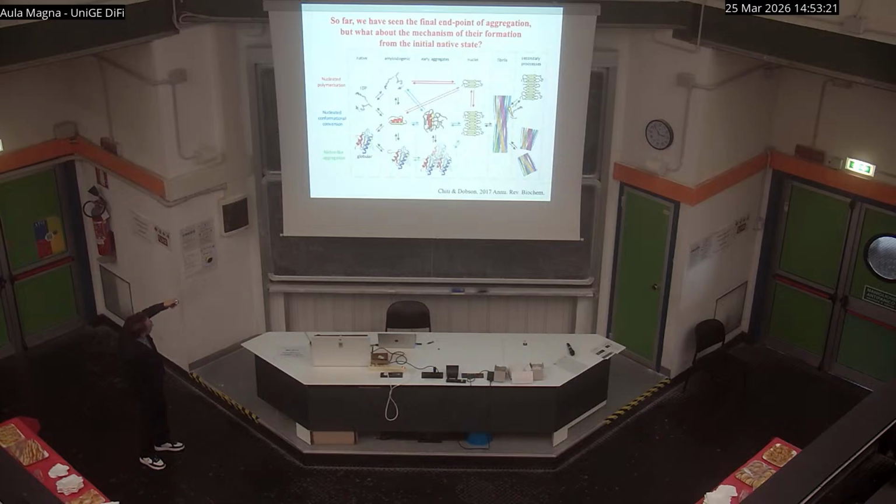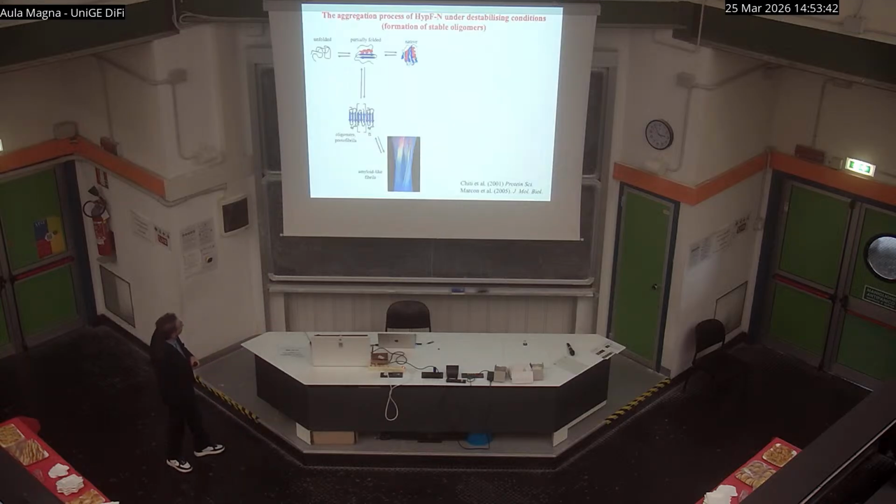You can have amorphous aggregates that convert into a nucleus in this blue pathway, and native-like aggregation, where you have native-like aggregates that convert into a nucleus. So the process is very complex. Then you can have fibril fragmentation, secondary nucleation, and so on.